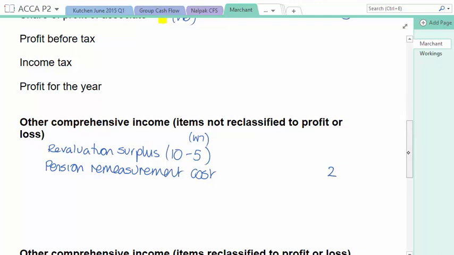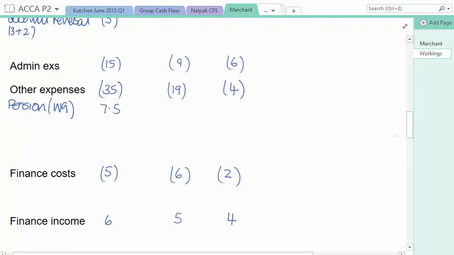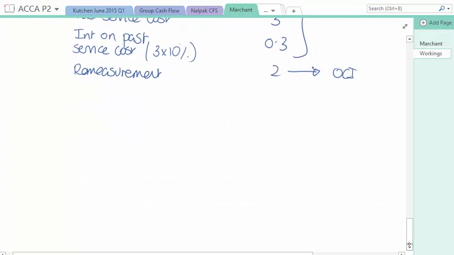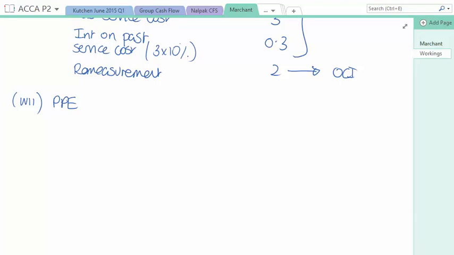Item 6. Working number 11, we've got PPE. Again, nothing to do with groups, nothing to do with P2. It's a case of working your way through things from the dates.